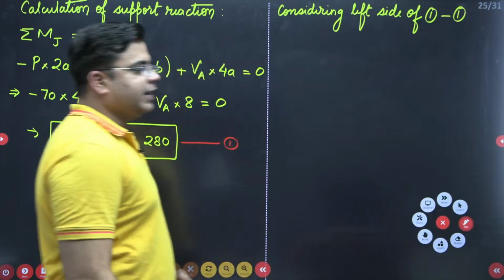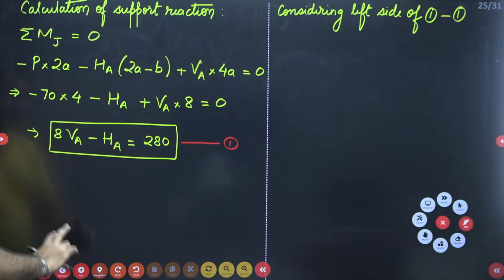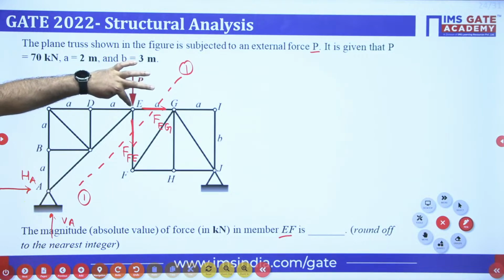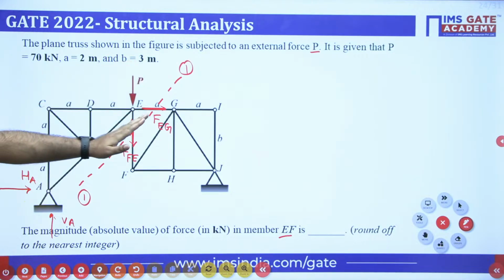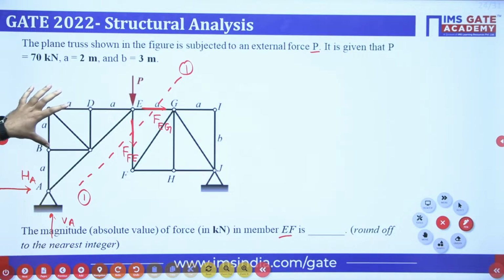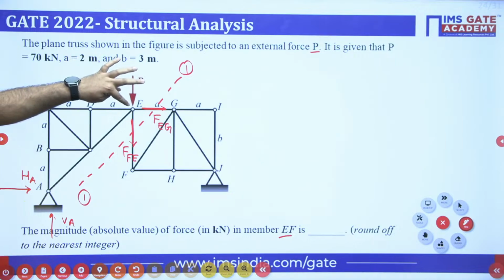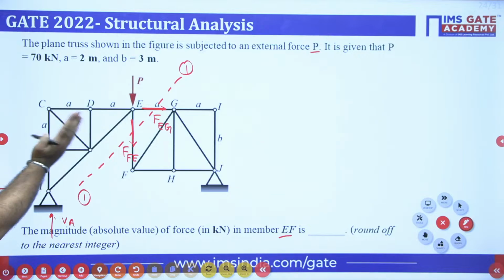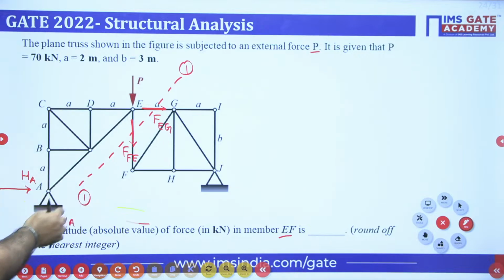I am considering the left side of section 1-1, right? First, what I'll do is, I'll write down moment about point E to be equal to 0. I am considering only left side of this truss. So when you take moment about E, there will be two moments. First due to this HA, and second one due to this VA only, because I am only considering the left side of this portion.